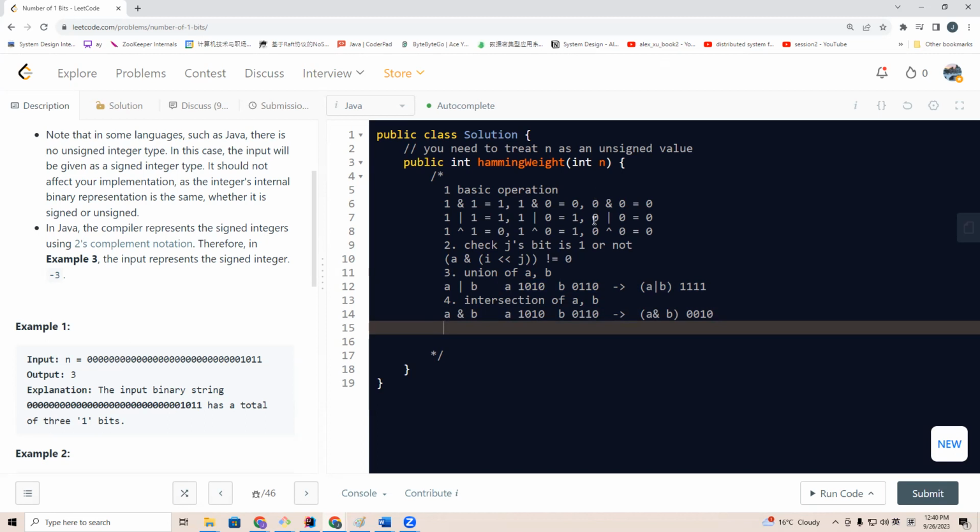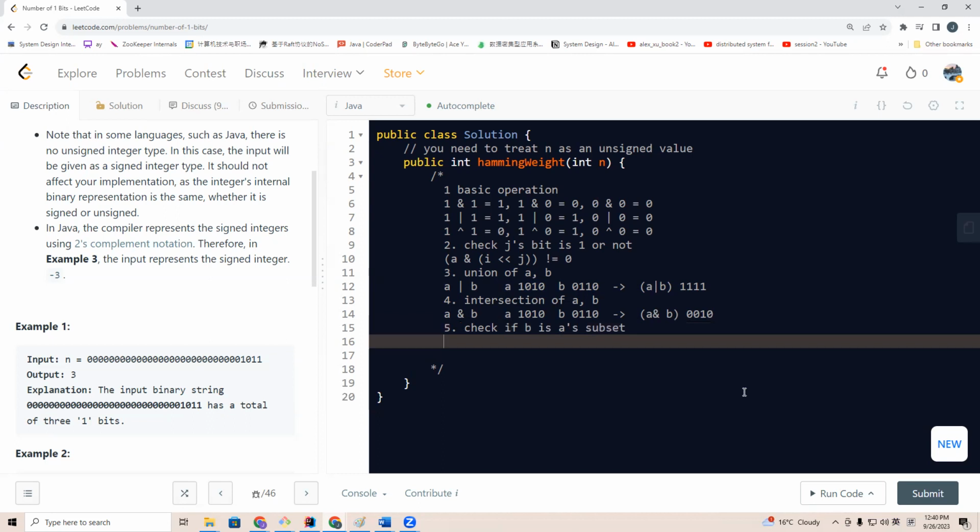The fifth thing we want to check is whether B is a subset of A. That means we want to check if the intersection is B, so that is A AND B equals B. Then B is a subset of A.